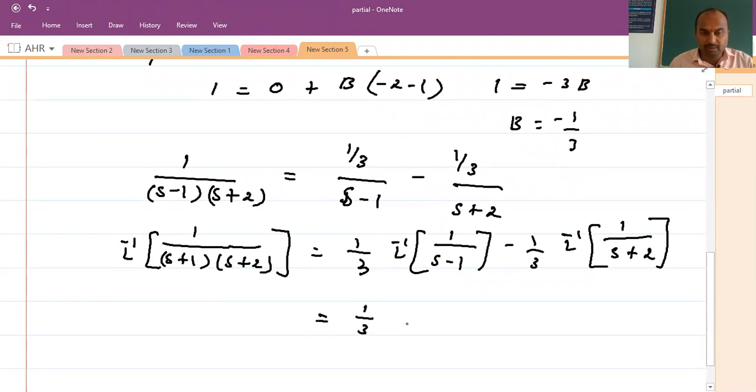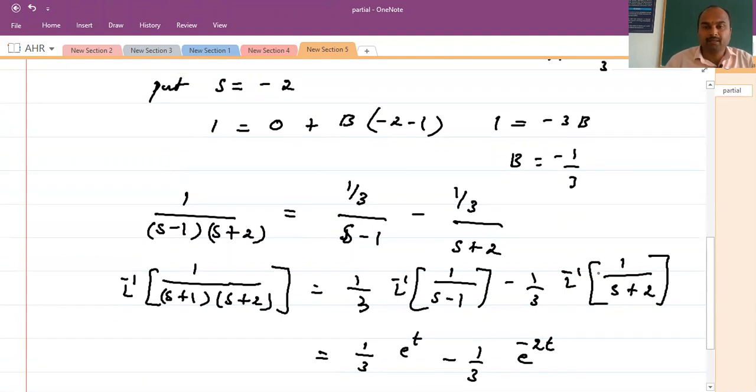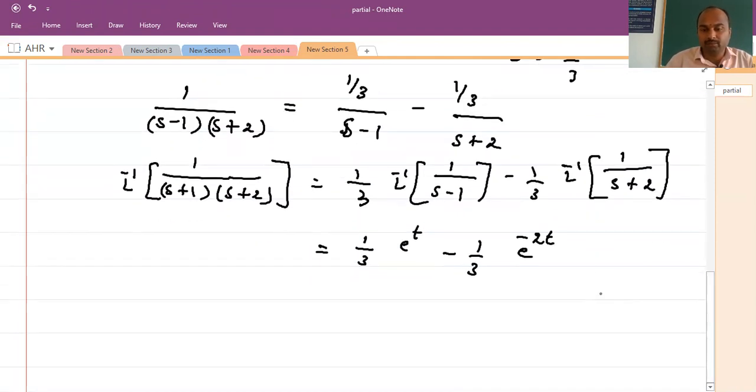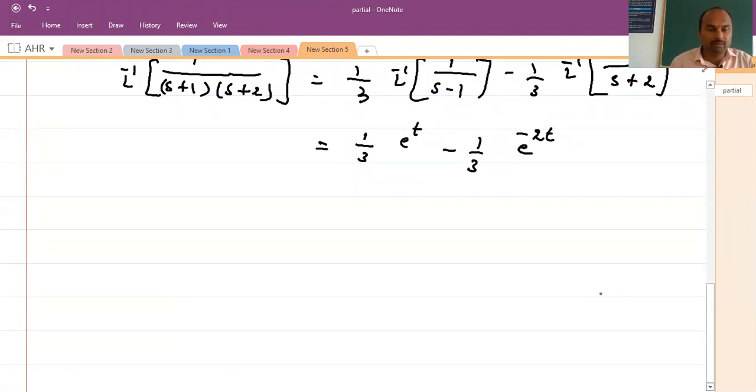So 1 by 3 into e power t minus 1 by 3 into e power minus 2t. So this is how we will find the inverse Laplace transform if the denominator has distinct factors.